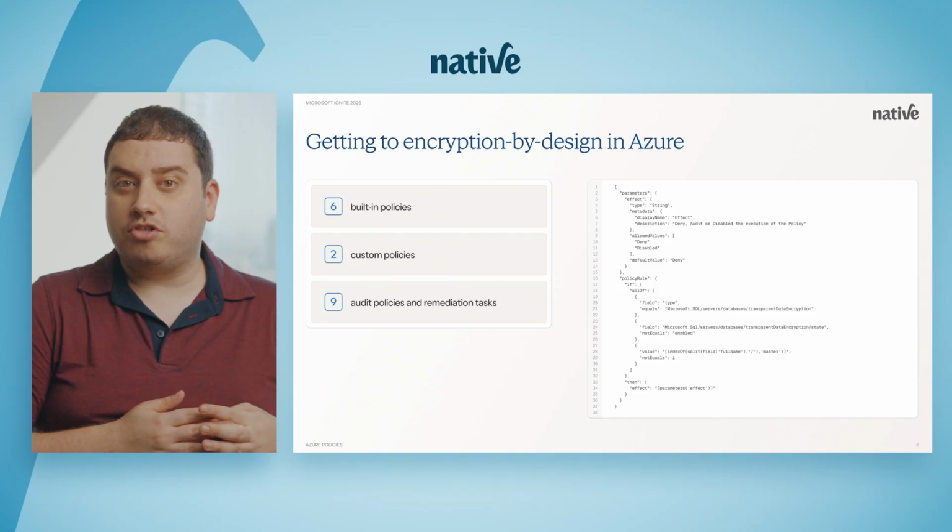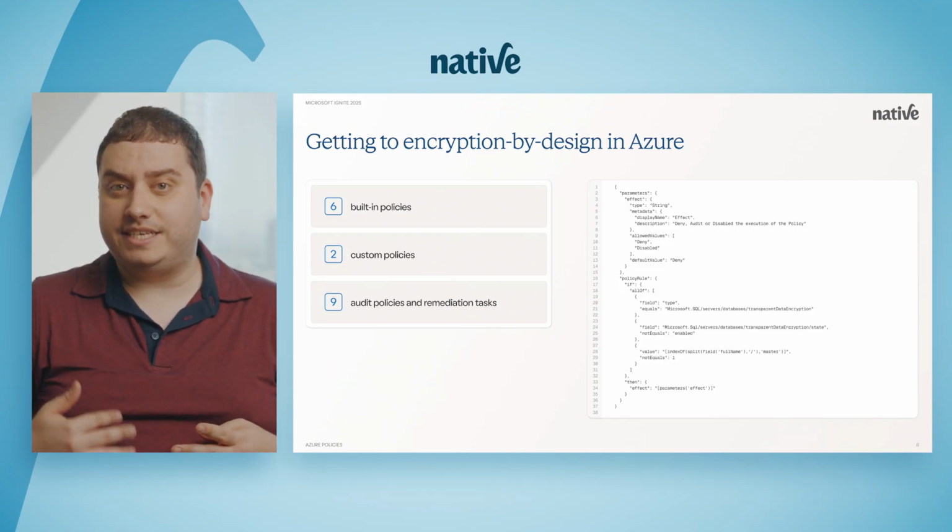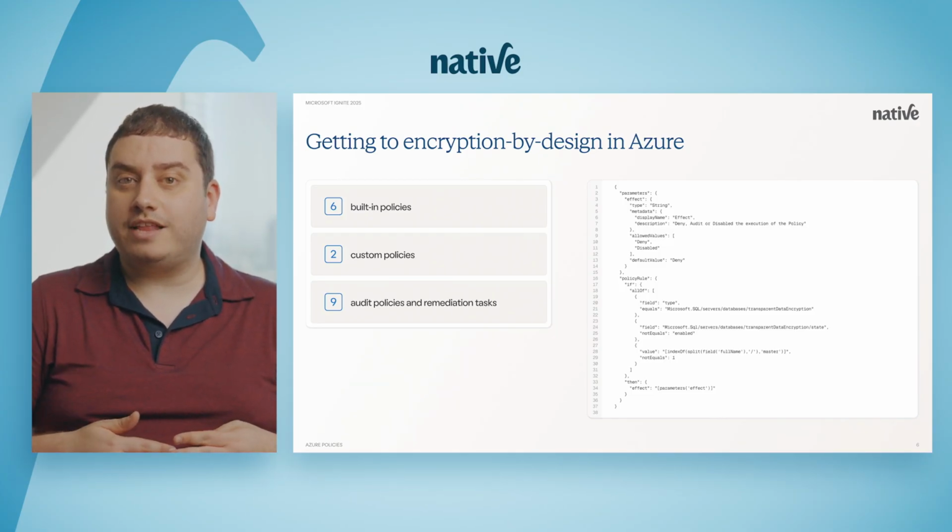We start with storage accounts like we started in the previous example, and we use for that both a deny policy as well as an audit policy with the remediation task to clean up all existing resources. And then we go over other resources and add additional policies.